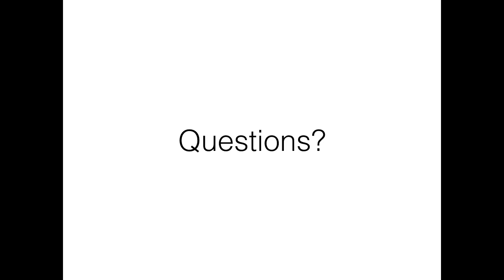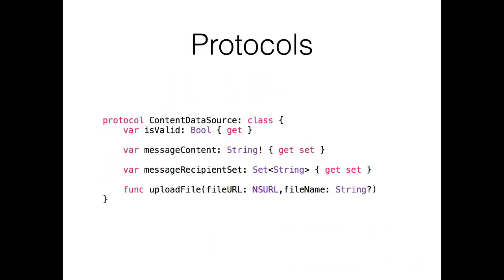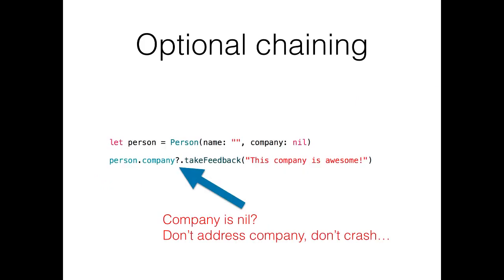You mentioned the optional chaining, I believe. If I remember, that was the default behavior in Objective-C, right? The message passing. If you have nil, it would just ignore it. No, it would crash. It would crash? Yes.